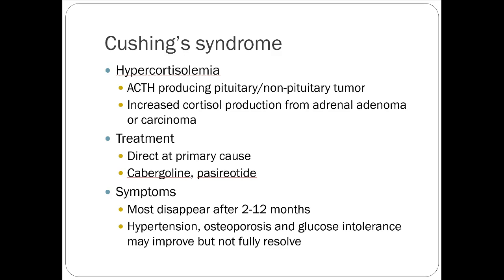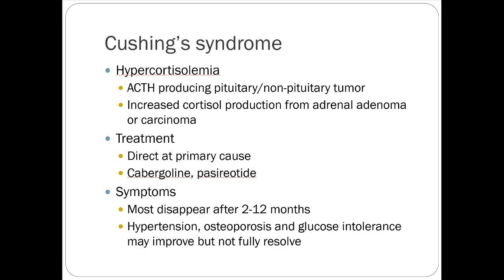Cushing syndrome is something I want to talk about. There's two quick things to mention as far as specific diseases go. Cushing syndrome is where you produce too much cortisol, and it's usually related to some sort of tumor, either in the pituitary gland or a non-pituitary tumor that's affecting ACTH production, and you get increased cortisol production also directly from the adrenal gland if there's an adrenal adenoma or carcinoma.